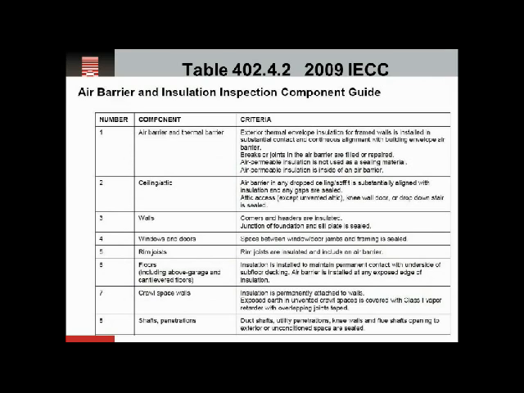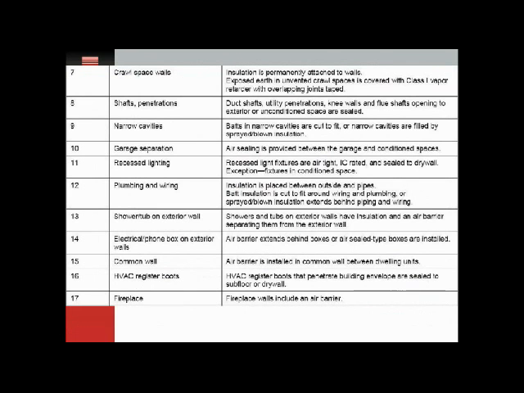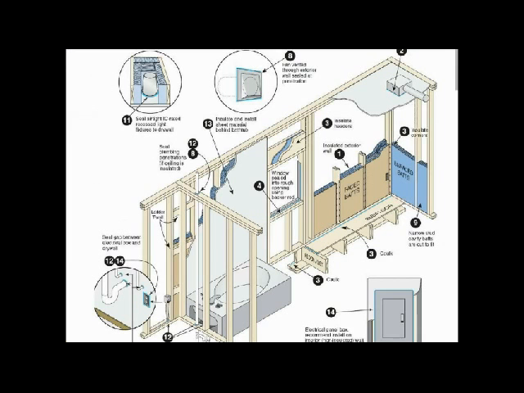Back to the actual inspection: if you're not doing a performance test, if you're not doing a blower door test in terms of the building envelope, these are the building components that someone doing a visual inspection would have to report on and verify that those are sealed. This is a table that's actually in the IECC.